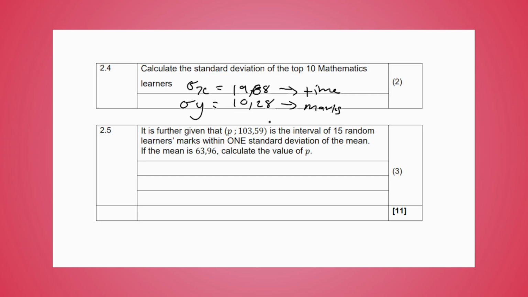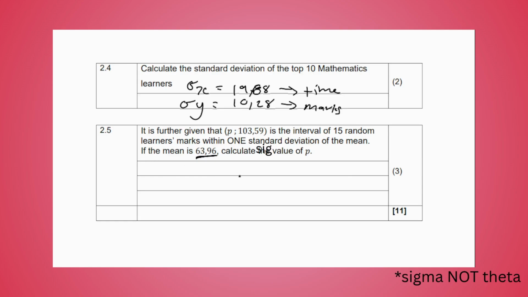And then the last stats question. It is further given that there's a point in the interval of 15 random learners' marks within one standard deviation of the mean. If the mean is this, calculate the value of p.